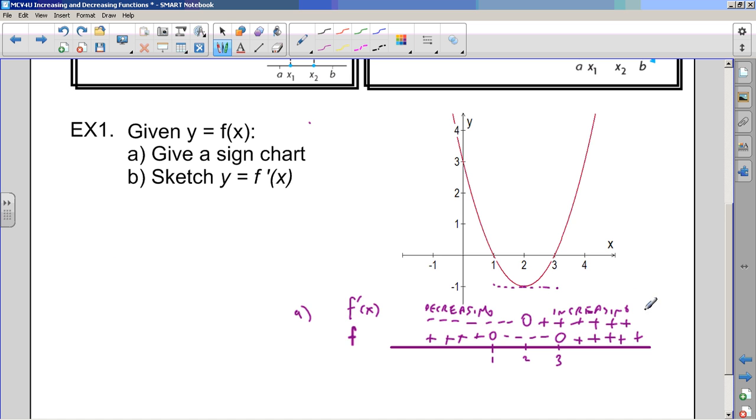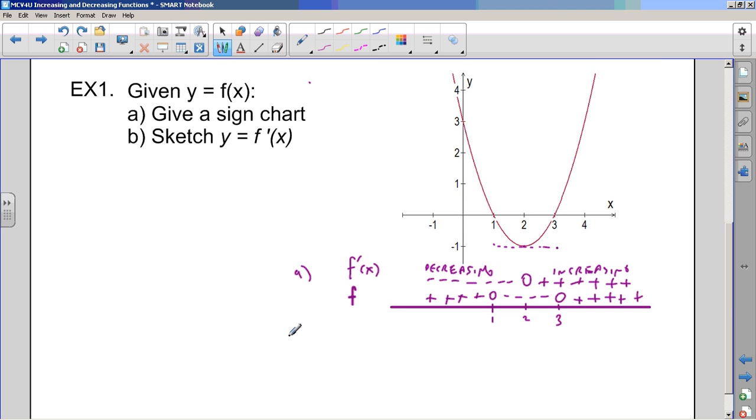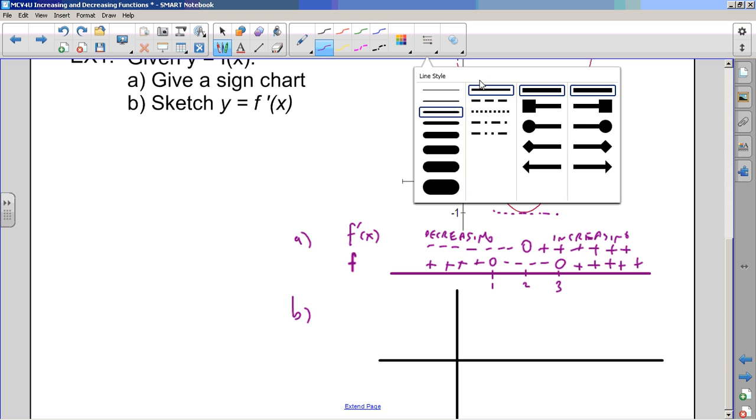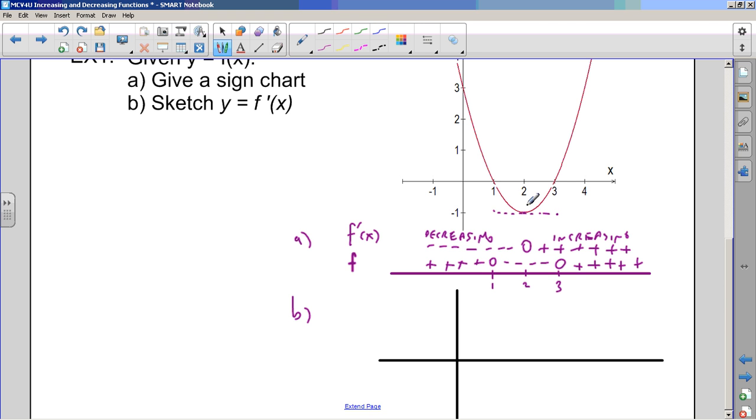Now we're asked to sketch y equals f prime at x. All right, well, get some colors going here. Try and match it up. So if this is going to be y equals f prime at x, the derivative function, well, where is it 0?